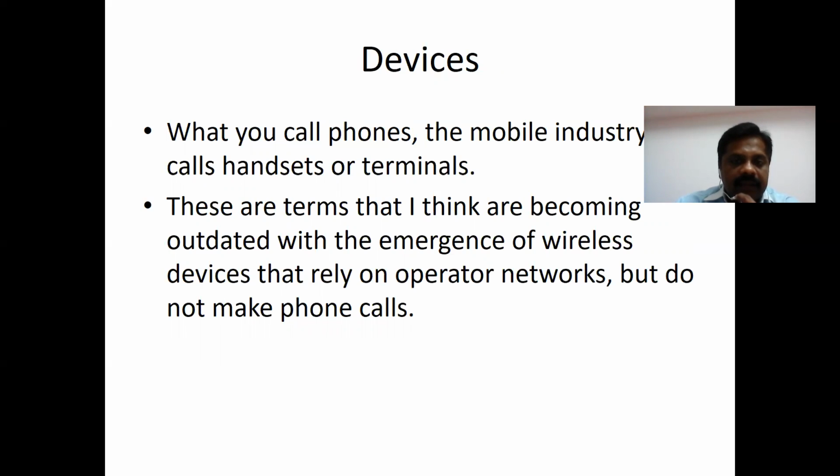If we need to transfer one message, we need two terminals, at least one receiver and one sender. That's why they are called terminals. And these are terms that I think are becoming outdated with the emergence of wireless devices that rely on operator networks but do not make phone calls.